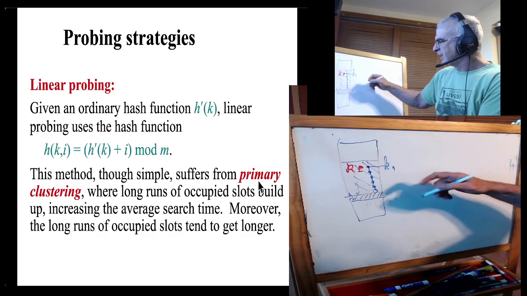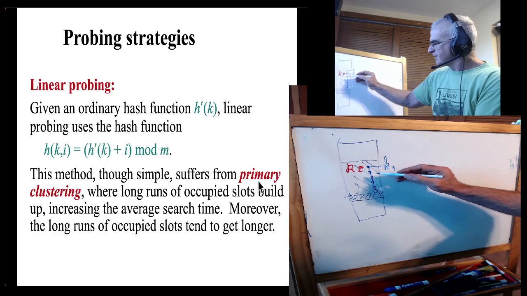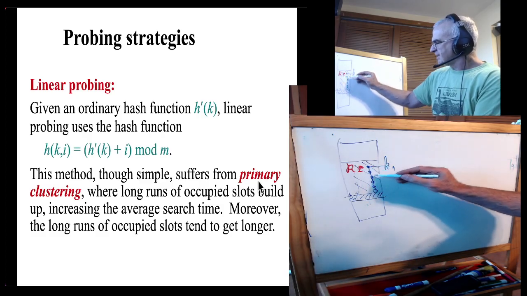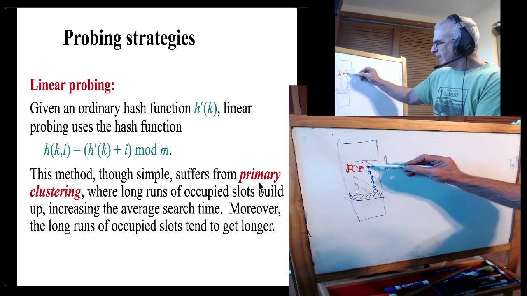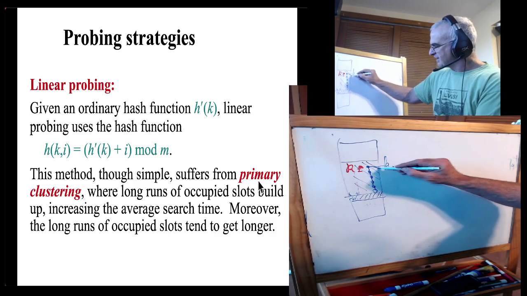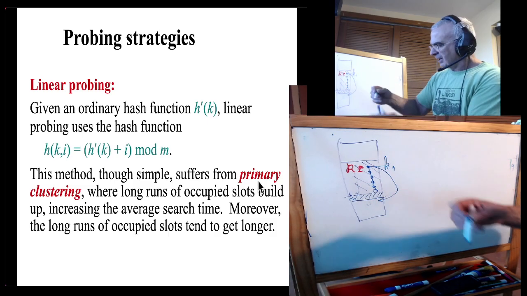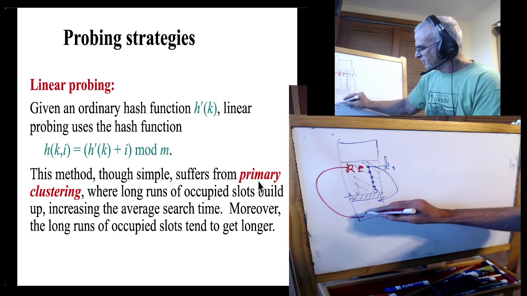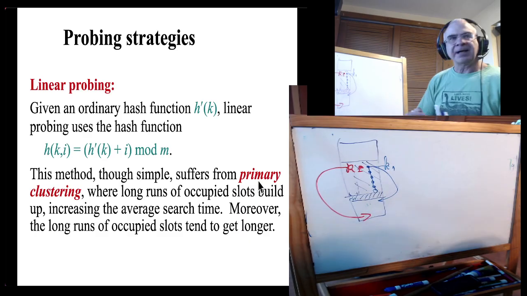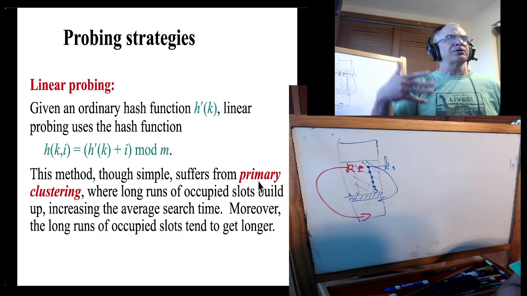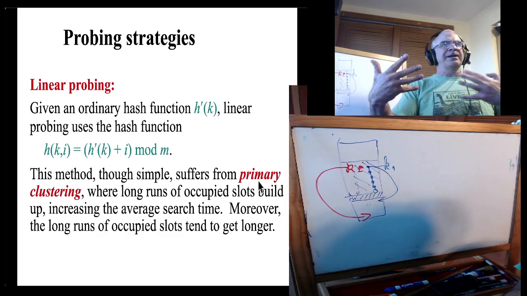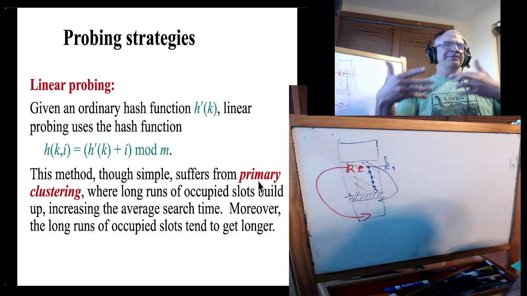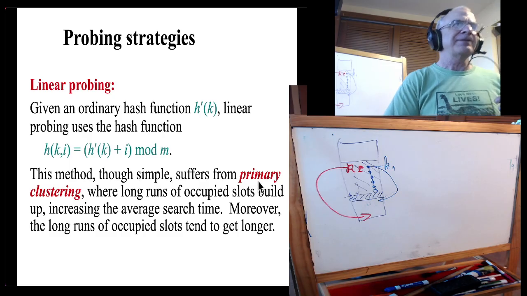However, what I'd like to get is that the probing sequence, wherever k1 would go in its next attempt, if there is a next attempt, and wherever k2 should go, these next attempts should be more sensitive, should be different for either different keys or different attempts, or both, both different keys and different attempts.